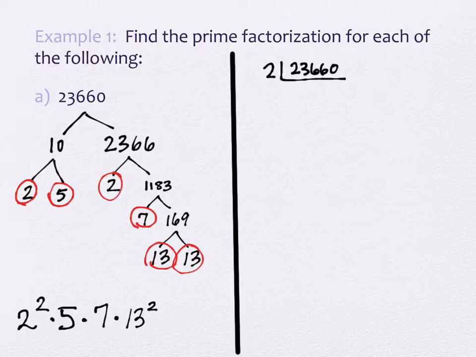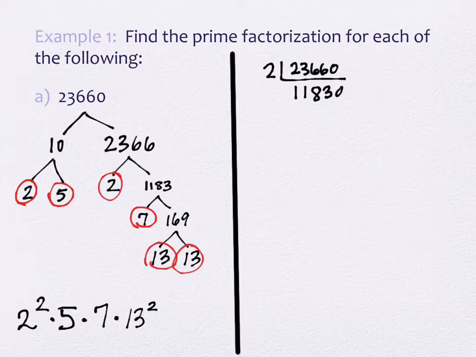So what do I get when I divide 23,660 by 2? 11,830, right? Okay. What's next?